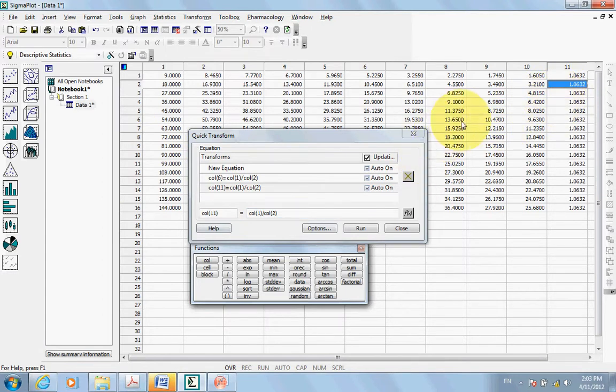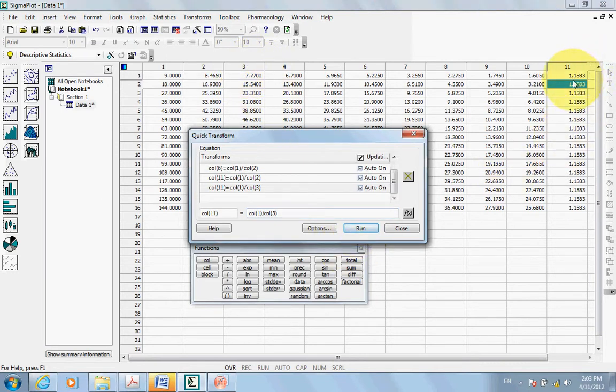This means that to get the first concentration, the author multiplied the blank by this constant, 1.0632. To get the second concentration, if we divide column 1 by column 3, we also get a constant value, 1.1583. This constant value is multiplied by the blank to get the second concentration of the inhibitor.